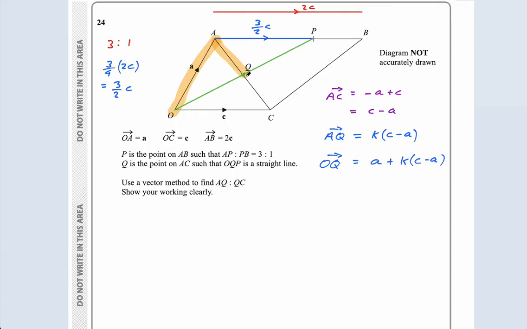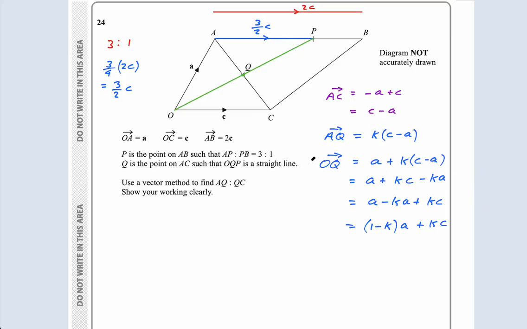So it's just A plus this. And I'm going to multiply this out to give us A plus KC minus KA. Then I'm going to get the A's together. This would be A minus KA plus KC, which is actually, I'll take out the A, so it's 1 minus K A plus KC.